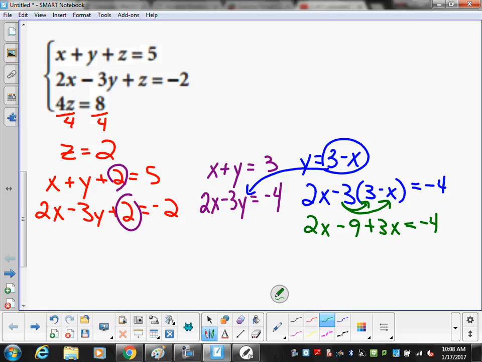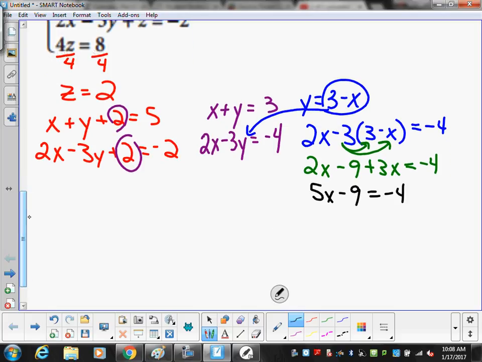Next step, combine like terms. 2x plus 3x is what? 5x. Okay, and then to get x by itself, I'm going to start by adding the 9. That gets rid of that minus 9. So 5x equals 5. And then, of course, I need to divide by 5, so x equals 1.